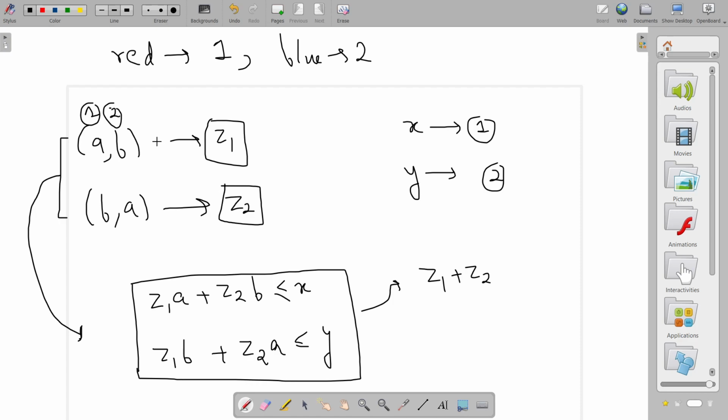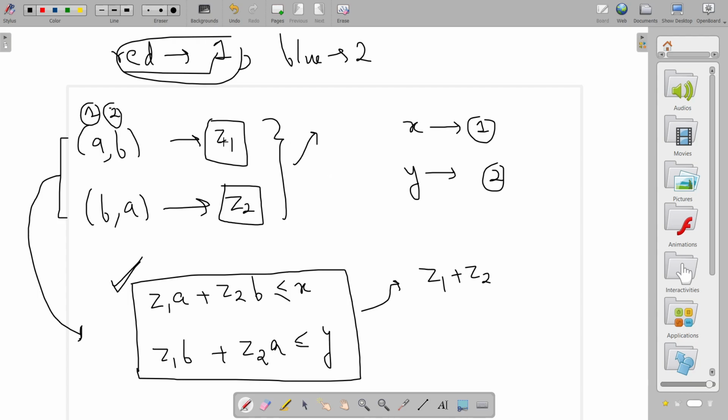We are also given the total quantity of these red and blue candies. Considering red as type 1, we have been given X type 1 candies, and type 2 candies we have Y. So we can write this equation down. It says what the total number of type 1 candies is, cumulative over these two sets.